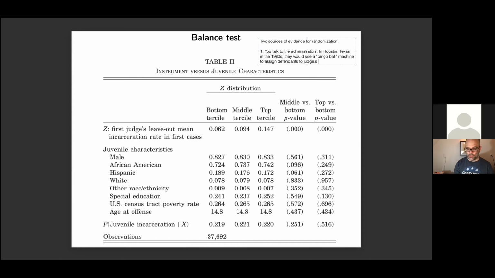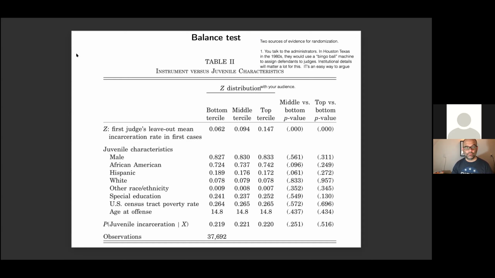A bingo ball machine is basically a giant urn of ping pong balls, and you reach inside and pull out a number, and that number determined which court they went to. So just knowing institutional details will matter a lot for this. It's an easy way to argue with your audience.